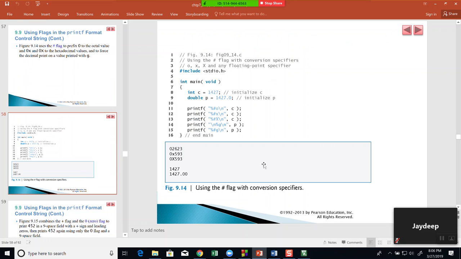Okay. And this is just printing in octal, printing in some hex, I guess.